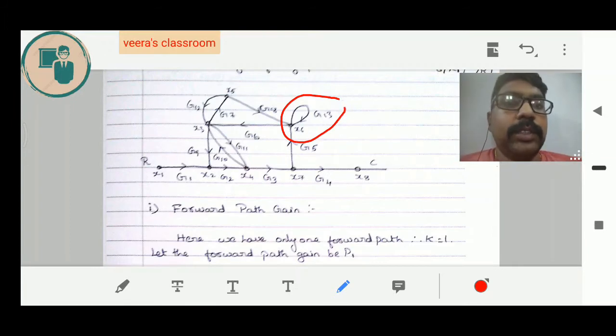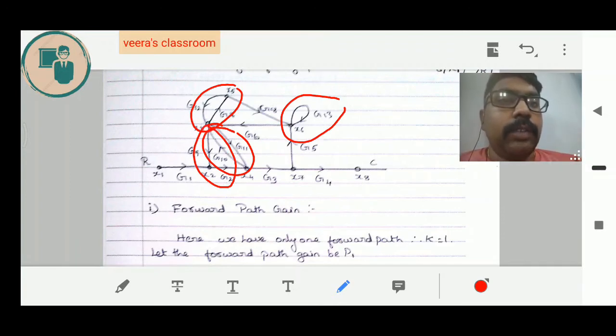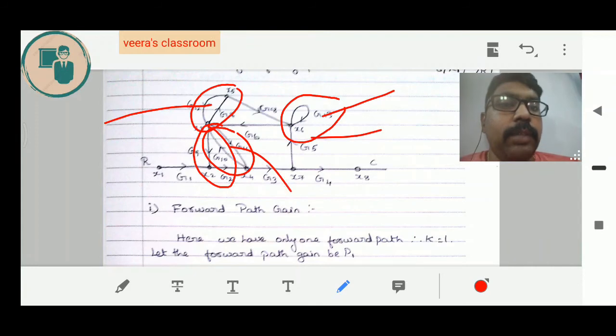Mostly this x6 loop will form a pair with most of the individual loops. So this loop will pair with this one, and again with this one. So we have 3 individual loops that don't have any common node with x6. This forms the first pair, second pair, and third pair.